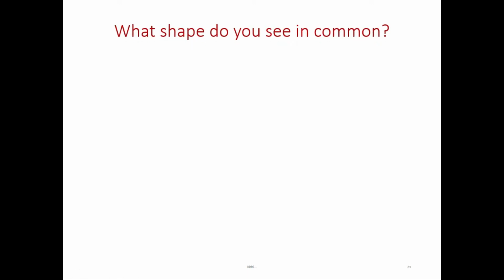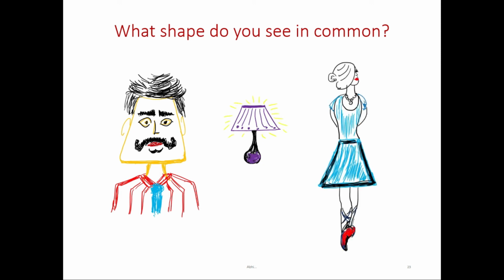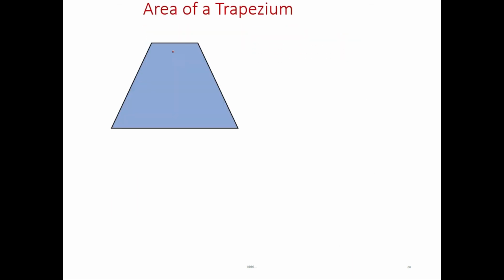What shape do you see in common among the three figures here? I'm sure you have found the answer by now. It is a trapezium. Some trapeziums in real world.